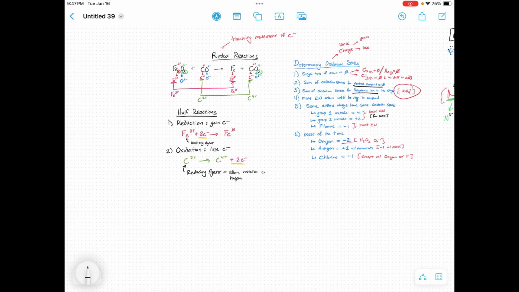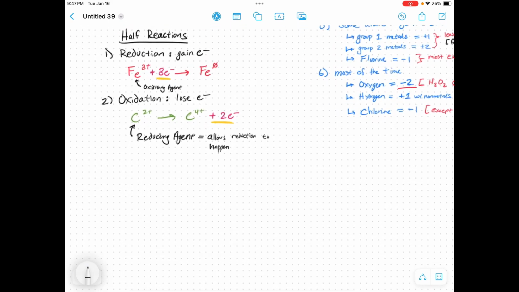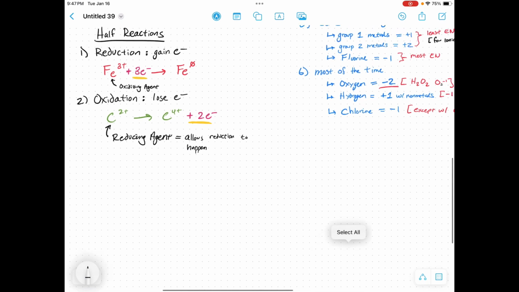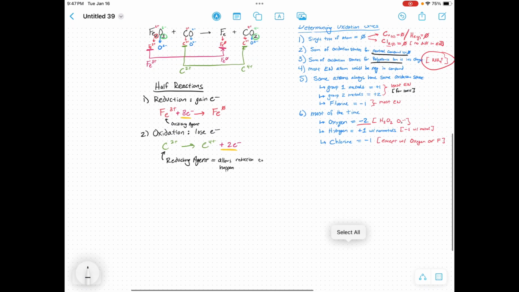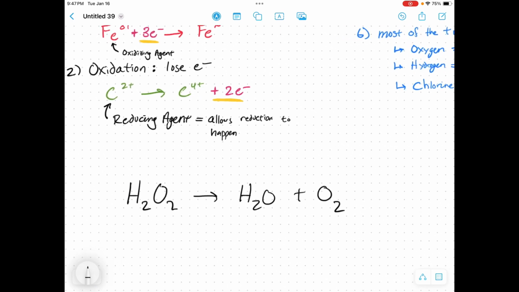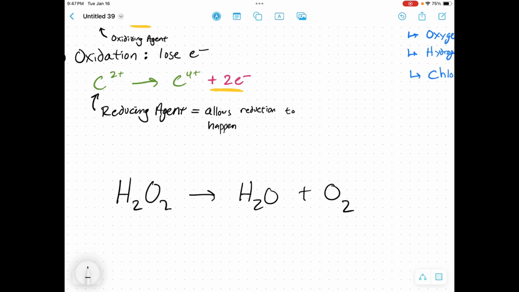So that's redox reactions. I will leave you with an example I want you to practice with, and that's going to be on the reading quiz. I want you to figure out your oxidation states for peroxide breaking down into water and oxygen gas. So I want you to practice that.